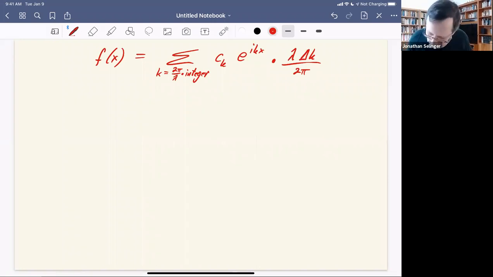Now let's rearrange the factors slightly. This is a sum, k equals 2 pi over lambda times an integer.